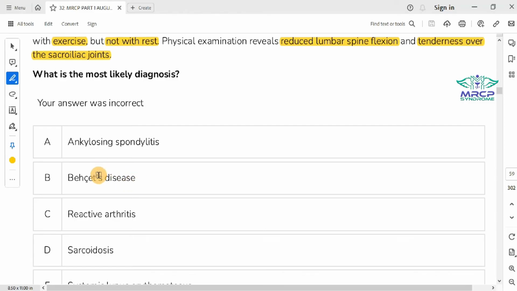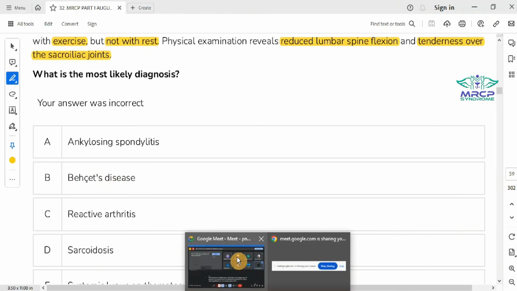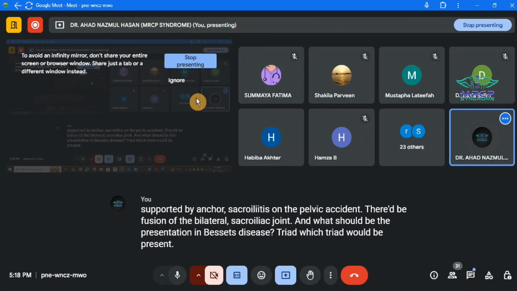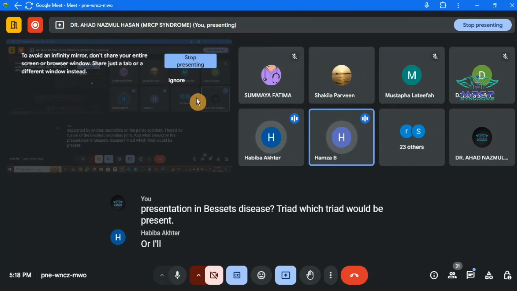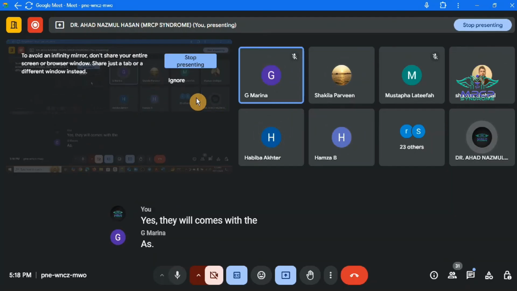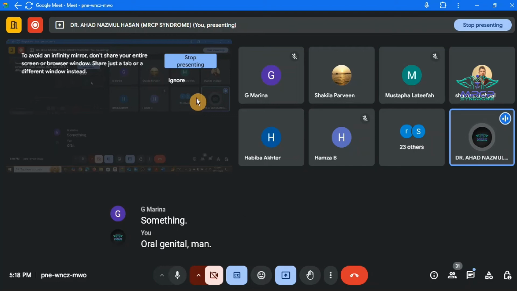What would be the presentation in Behçet's disease? Which triad would be present? Oral and genital, and ocular. They will come up with the oculo-oral-genital manifestation, usually coming from Mediterranean heritage.